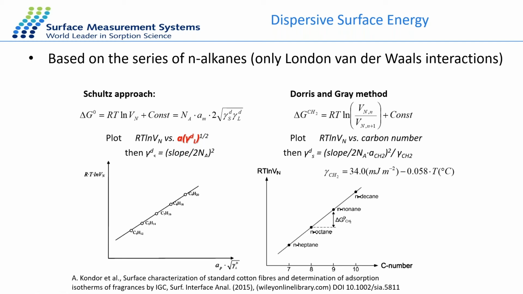I recommend using the Dorris-Gray method, especially at elevated temperatures, higher than room temperature, because in this case the surface tension of a methylene group is corrected with the measuring temperature. While in the case of the Schultz method, the cross-sectional area and the liquid surface tension of the injected probes are measured at room temperature.